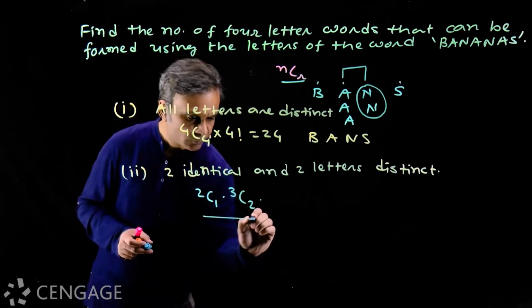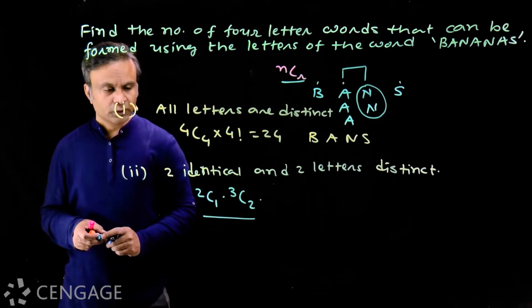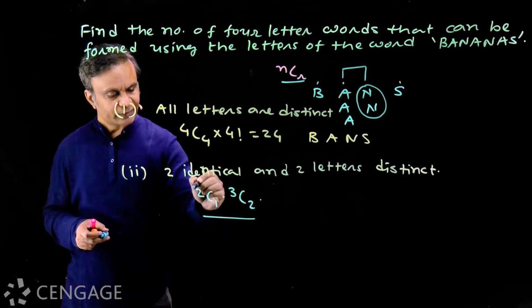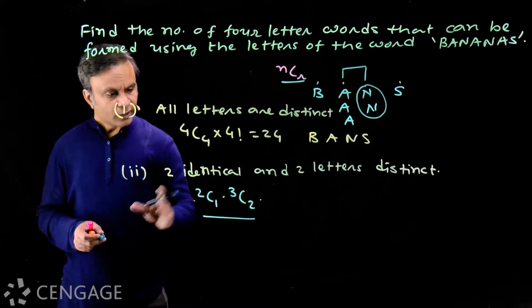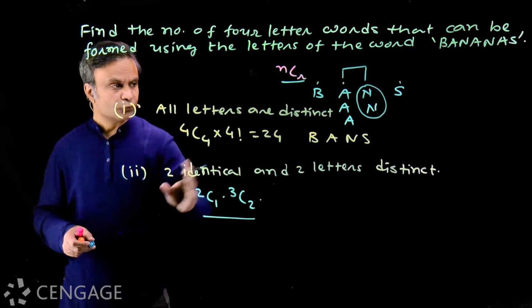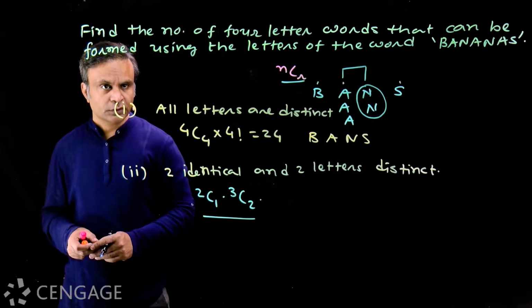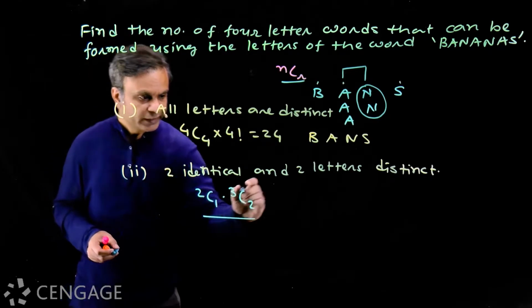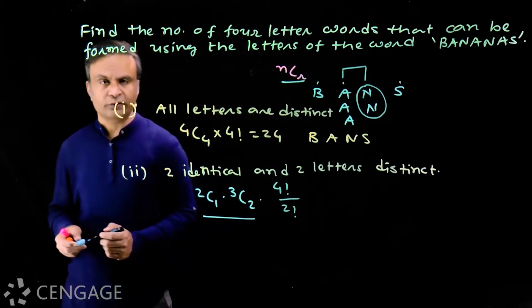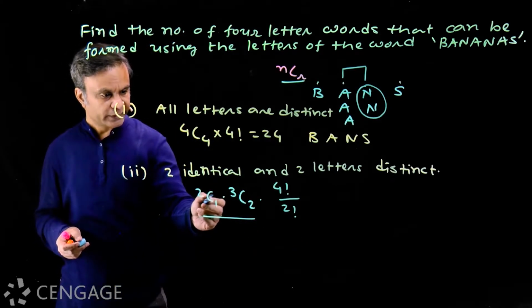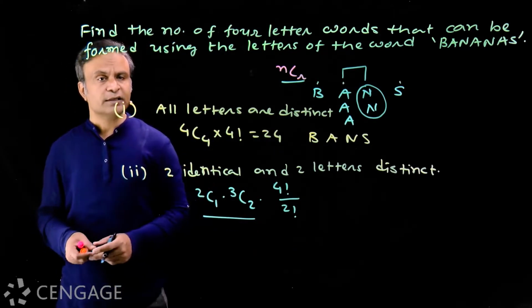So this is the job of selection: one pair of identical letters and 2 other distinct letters. Now how do you arrange these 4 letters? We arrange in 4 factorial divided by 2 factorial ways, because in 4 letters we have 2 letters identical.